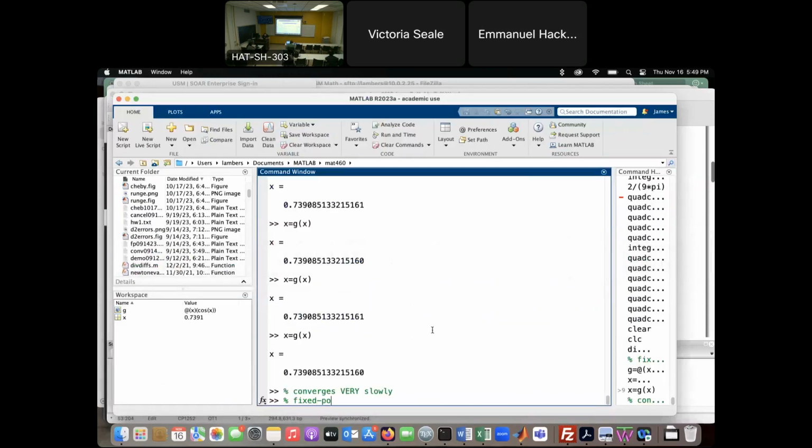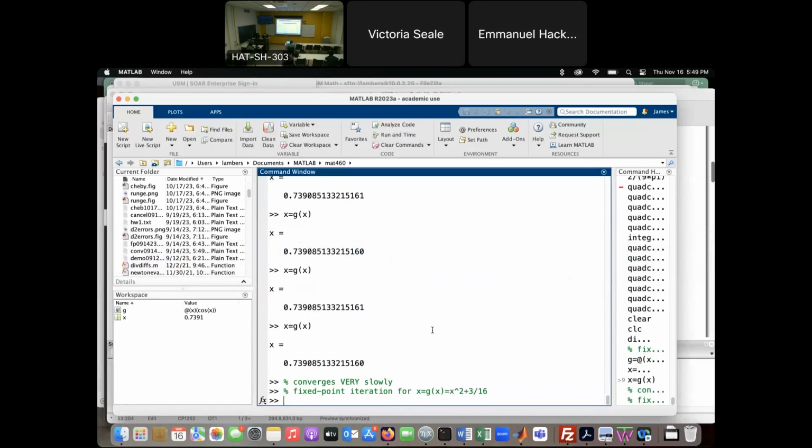Now we'll do fixed point iteration for x equals g of x, which is x squared plus 3/16. So I'm going to define my g like I did before. So g is equal to x squared plus 3/16.